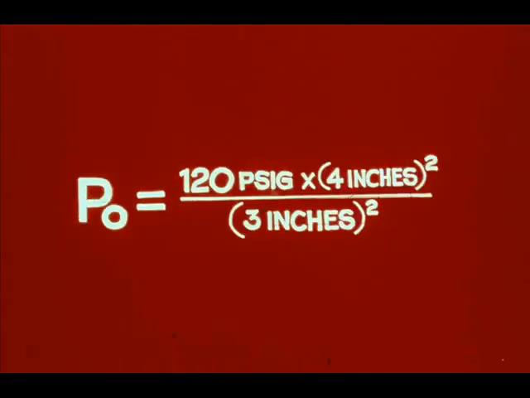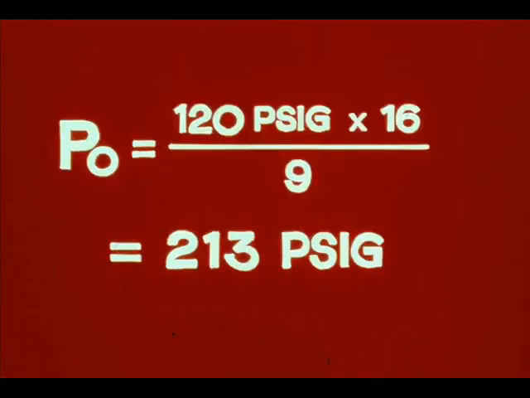Substituting numbers in the formula, P_O equals 120 psig times 4 inches squared over 3 inches squared. P_O equals 120 psig times 16 over 9 equals 213 psig to the nearest whole number.